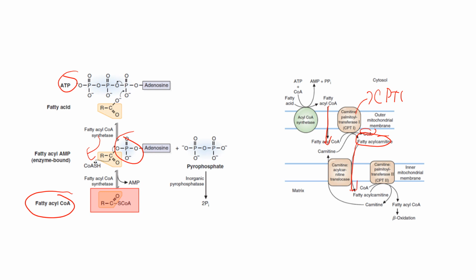And then with CPT2, we actually remake our fatty acyl-CoA. So that entire step was just to get this across two membranes. We just did those reactions to end with what we started with. But then once that's actually in the matrix of the mitochondria, it can work there.